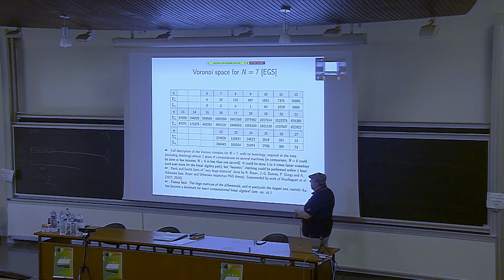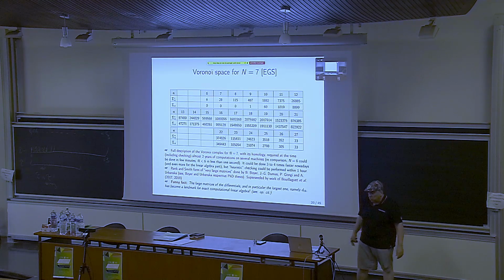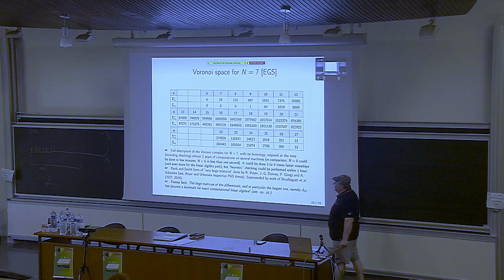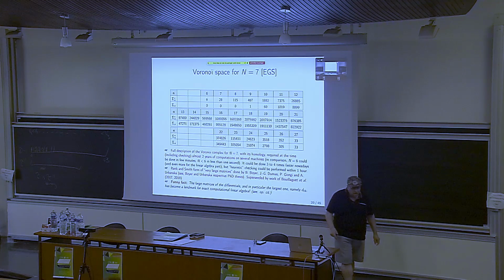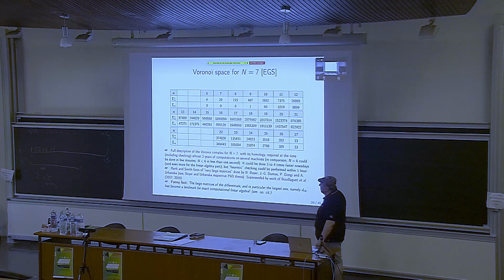And even so, at the time when the computations were performed, and there have been lots of checking on it, from A to Z, it took 2 years of computations, including the computation of Smith's normal form.